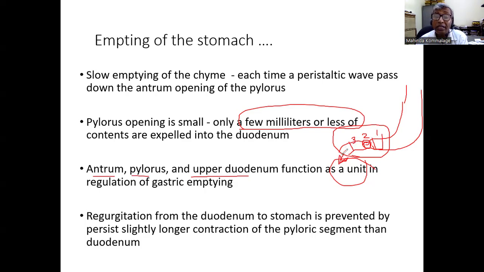So therefore, chyme will not come up, because this part's contraction is slightly longer than the other two. That makes sure things will move down to the duodenum.